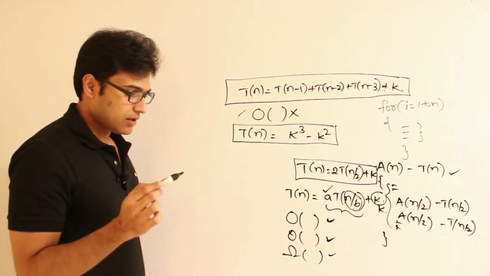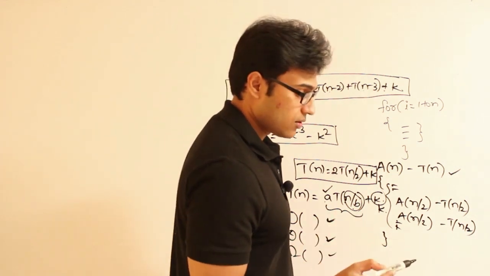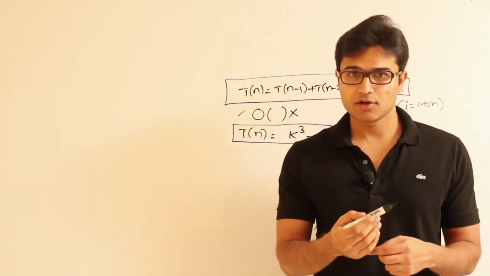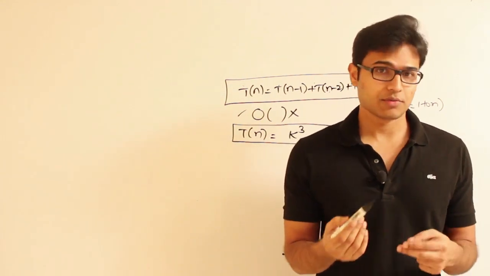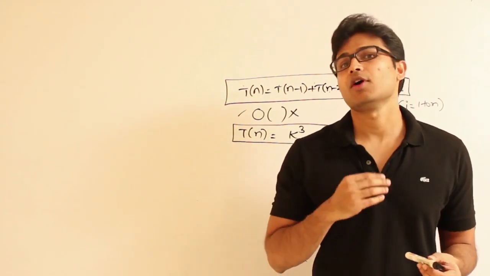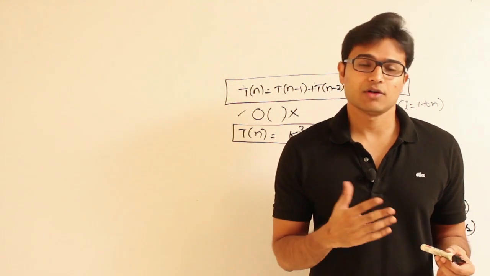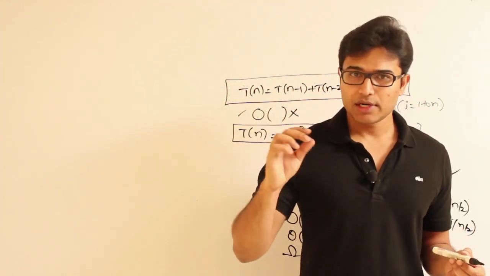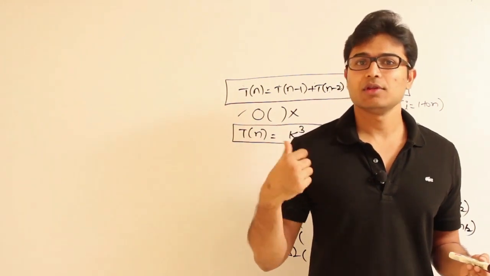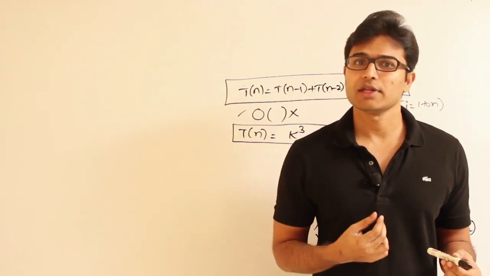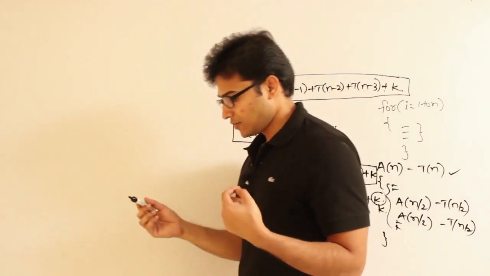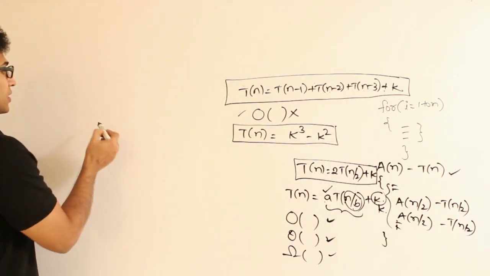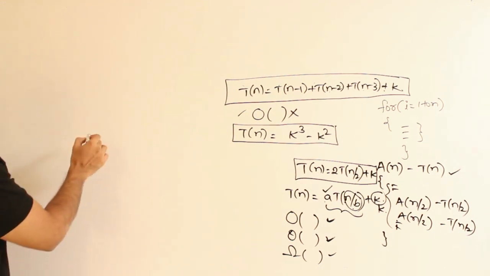Coming to GATE, the questions they ask are very simple, and in most cases you can just look at the options, and for these questions options will mostly be given because they are not numerical kind of questions. You can look at the options, substitute the values and find out what the answer is. What I mean to say is, in GATE, you can easily solve any question this way.